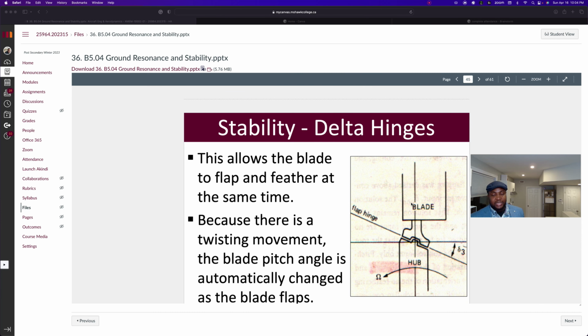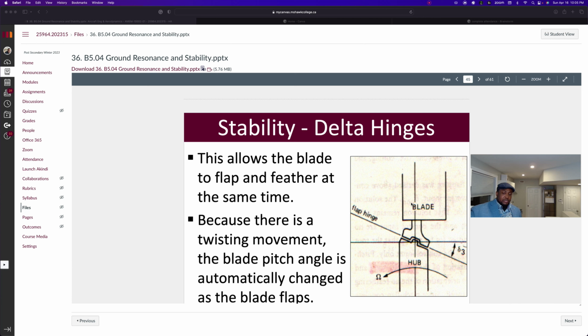As the blades flap upwards, as we talked about in blade flapping, they reduce their blade pitch. As blades flap down, they increase their blade pitch. This is done because of the presence of a delta hinge that is not perpendicular but instead slanted, and that slantedness causes that feathering to happen while the blades are flapping up and down because of the difference in lift that is produced.